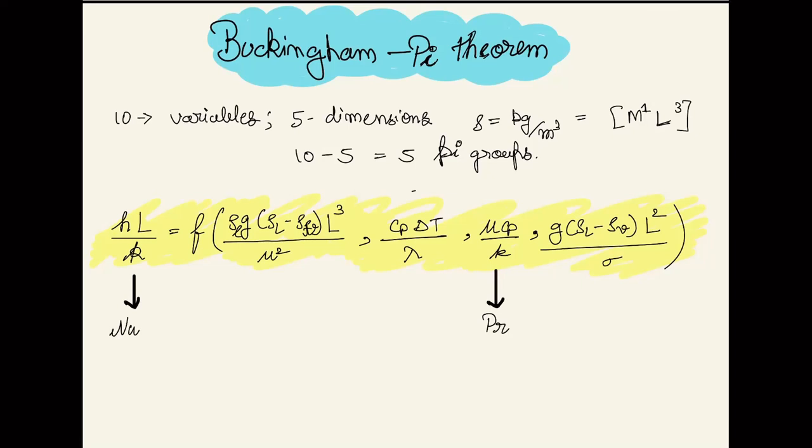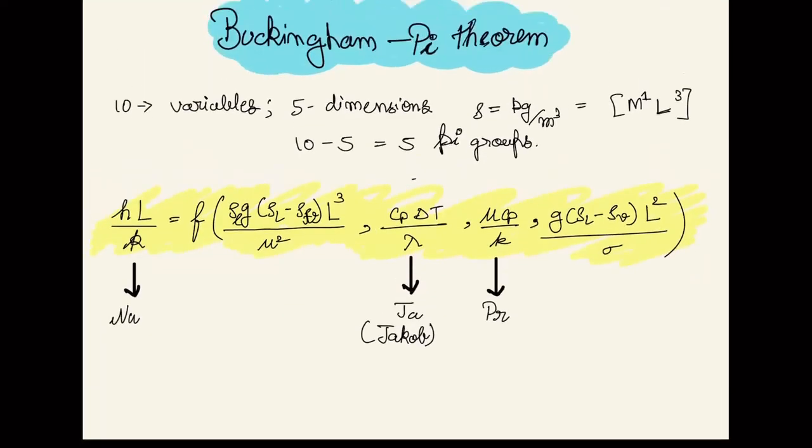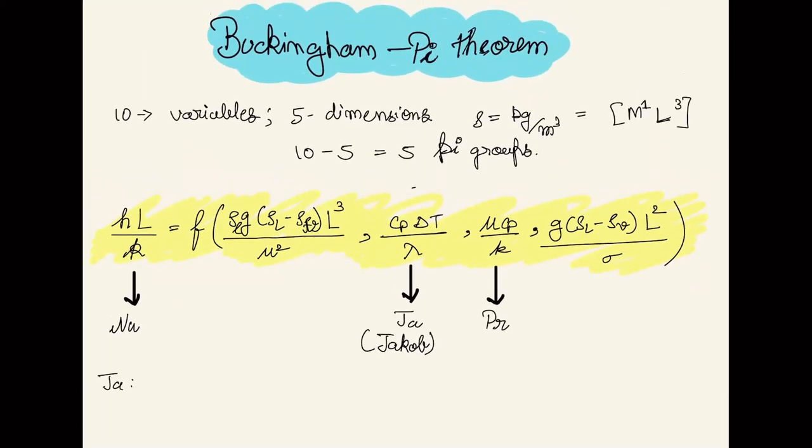So this particular term over here is called the Jakob number. And what other parameter is left?